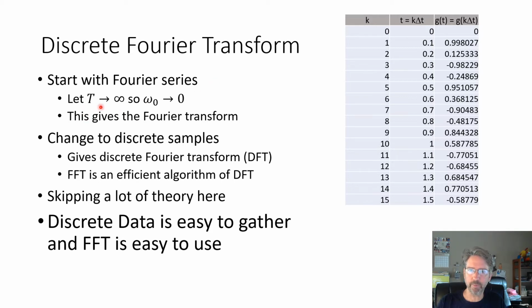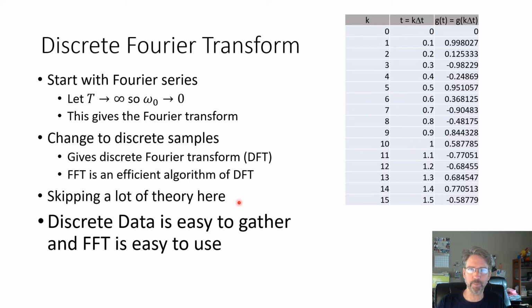So if we let that range go to infinity, that makes the frequency go to 0, and that gives us the Fourier transform. Take the Fourier transform and change it over to discrete math with discrete samples, gives us the discrete Fourier transform. And then the fast Fourier transform, FFT, is an efficient algorithm of the DFT.